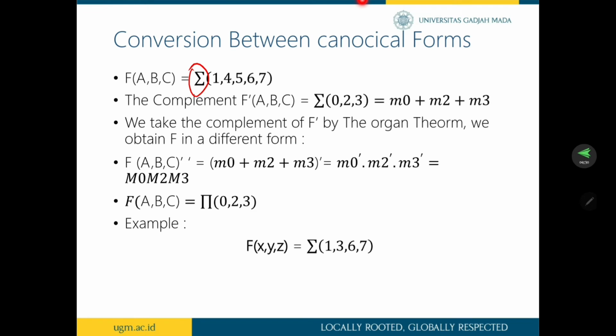So if we have M0 + M2 + M3 complemented, we get M0' · M2' · M3', or we can write it as maxterms 0, 2, and 3. So we can write it as P(0, 2, 3) in the product of sum form.